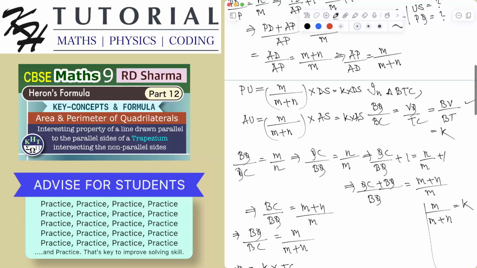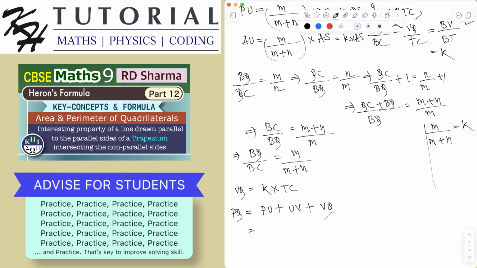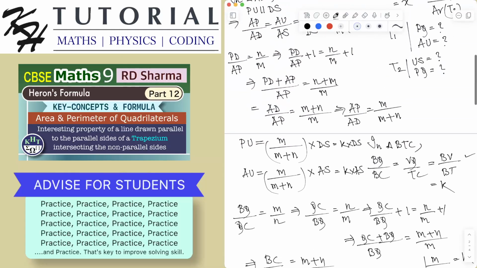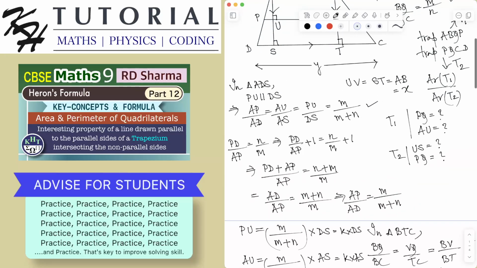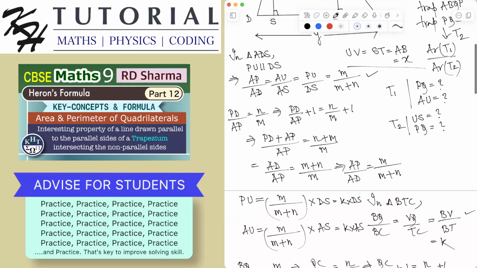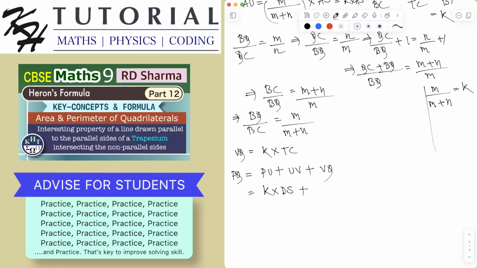UV is X. VQ is K into TC. So if I simplify this, it is X plus K into DS plus TC.